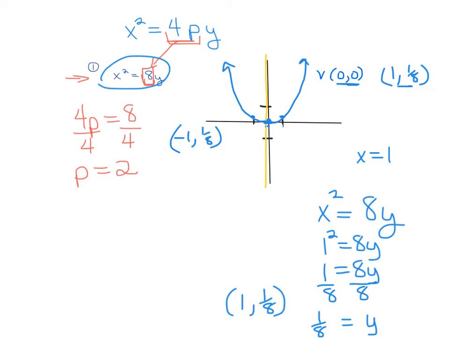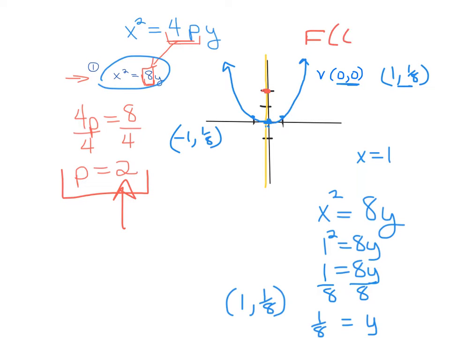Now I need to come up with my focus point and my directrix line. And the way that I come up with that information is I use my p-value. Remember, the focus point is going to be 2 units away from the vertex. So I'm going to move it up 2 units. And my focus point is going to be right here.